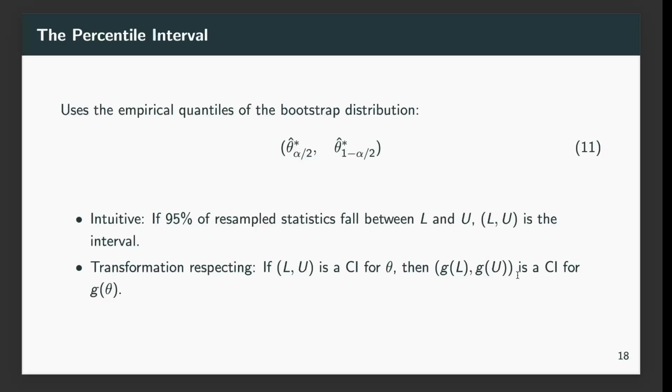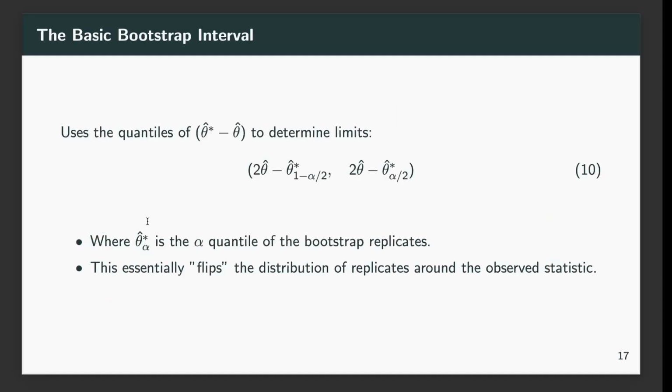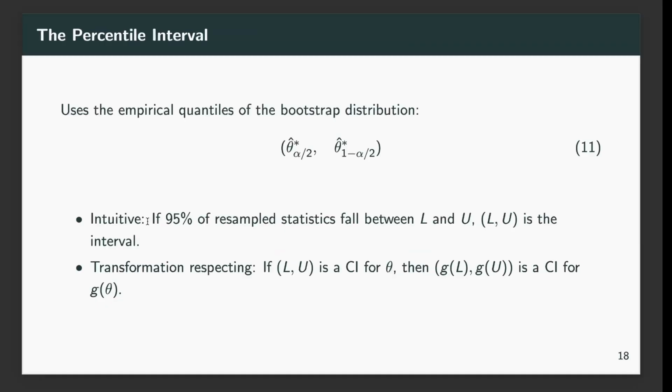But despite its intuitive advantage, the percentile interval can have poor coverage when the Bootstrap distribution is biased or skewed. So you can see that the standard normal interval, basic Bootstrap interval, and percentile interval will all perform poorly if we have a distribution which is biased or has heavy skewness.